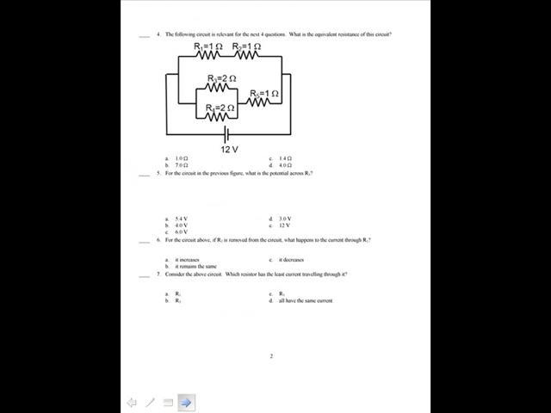What's the equivalent resistance? Now the numbers on these were pretty simple, so I didn't really expect you to do many calculations. But to find the equivalent resistance, you have these 2 resistors. They can be replaced with one resistor. That's 1 over 1 over 2 plus 1 over 2, which is 1 ohm. So that's a 1 ohm resistor.